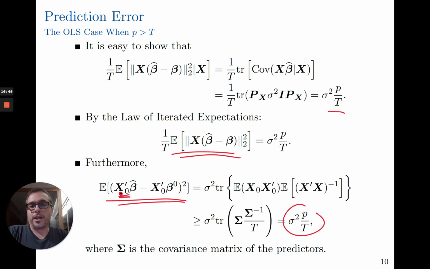So we assume that it's random, so we will need to make assumptions on the distribution in order to compute these expectations. In case of Gaussianity, we can derive this bound, and we can show that it will be larger than the in-sample one, but only in the very specific case of Gaussian random variables.